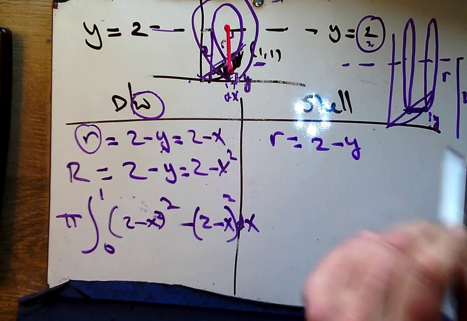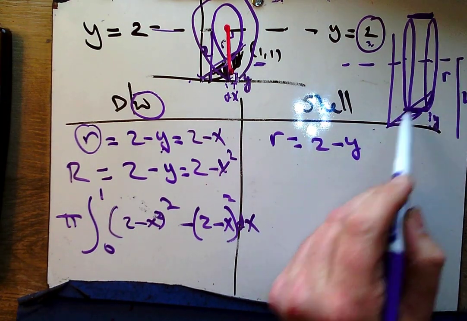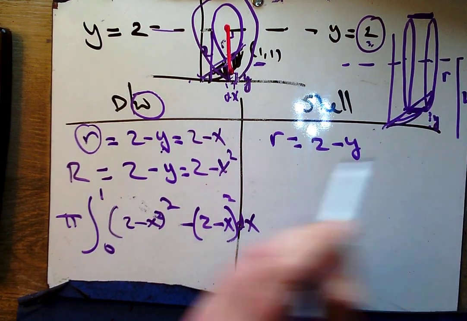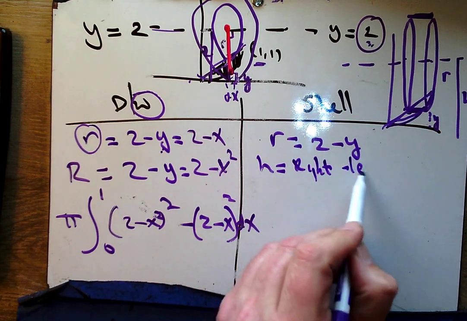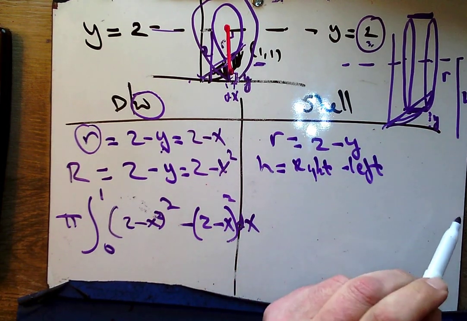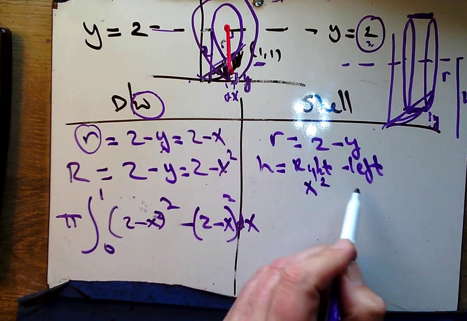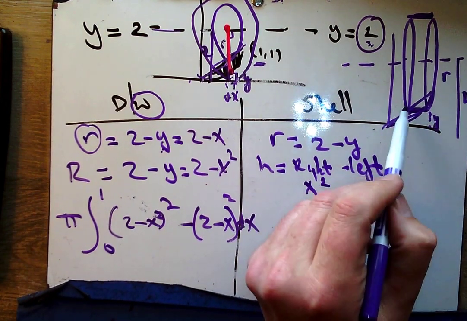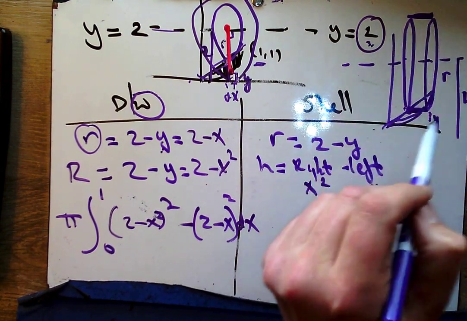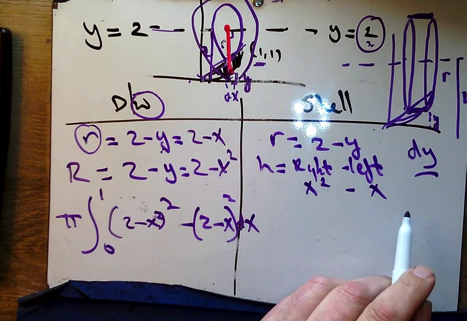Now the height of the shell is right minus left. Right minus left. And I'd be tempted to say that this is x squared minus x, except for the fact that this is a dy shell. So we need everything in terms of y's.